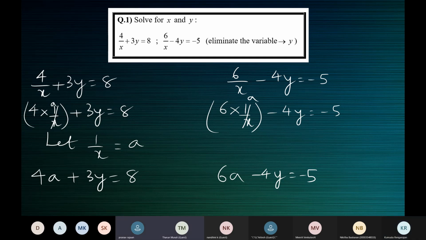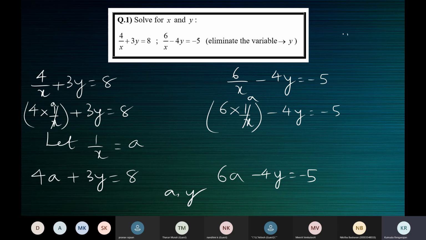A. If you eliminate the variable y, you will first find the value of a. Once you find the value of a, substitute and find the value of y. So you will find the values of a and y.